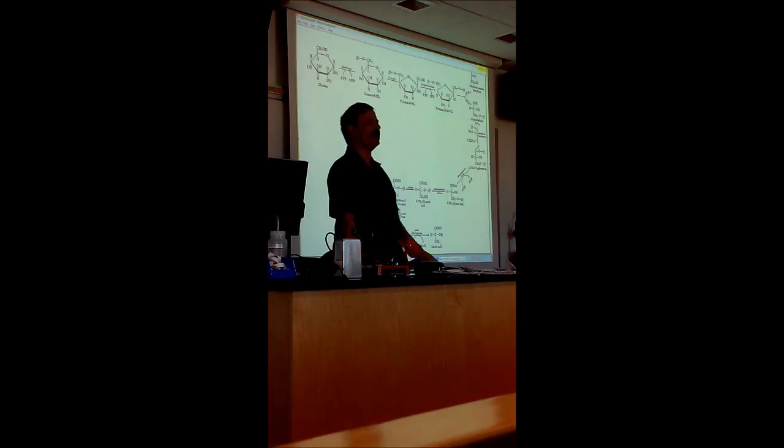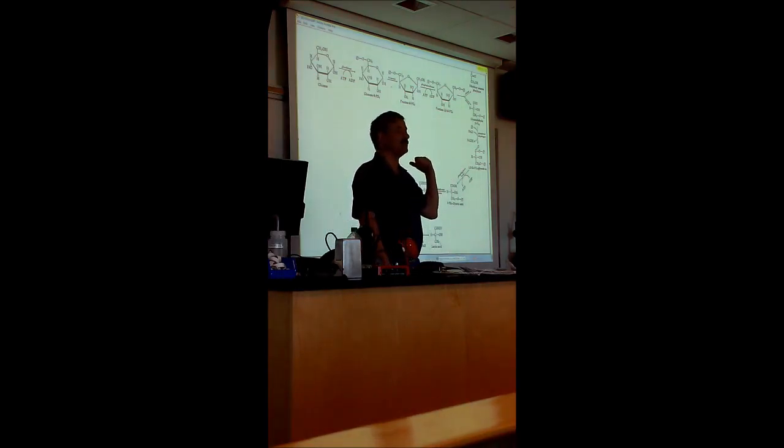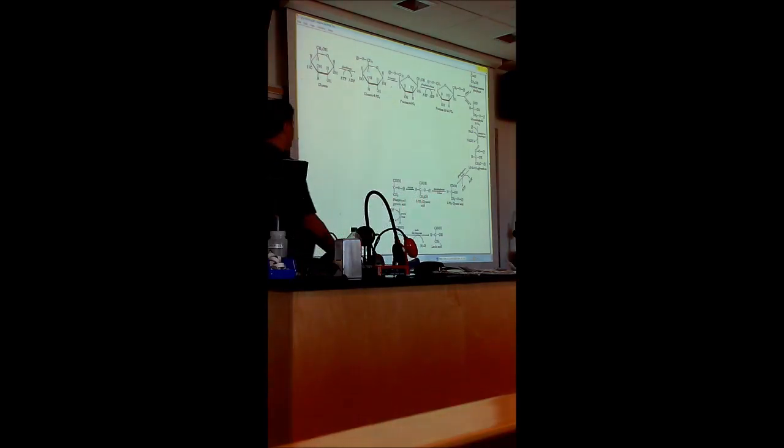We're producing 4 ATPs, but using up 2. So your net product is 2. Getting 2 ATPs out of it. And finally, know about lactic acid. That lactic acid is the reduced form of pyruvic acid. Pyruvic acid is the oxidized form of lactic acid.